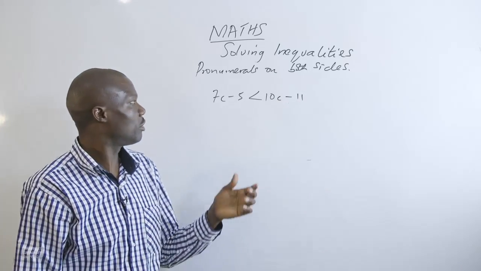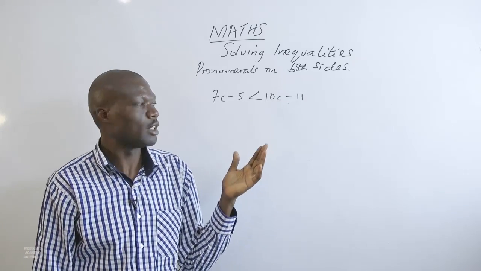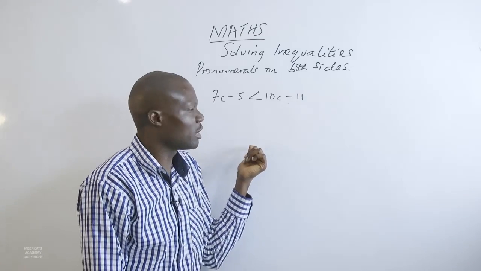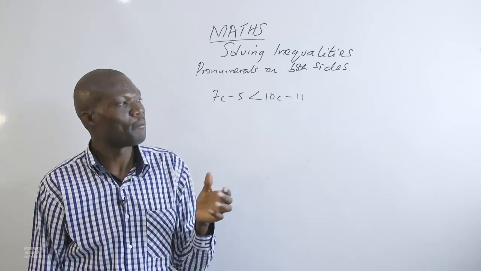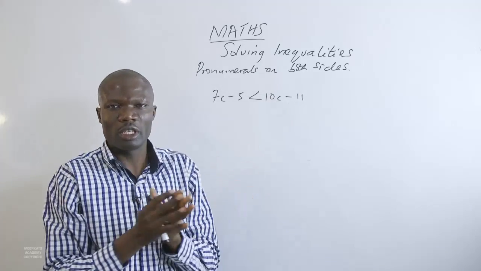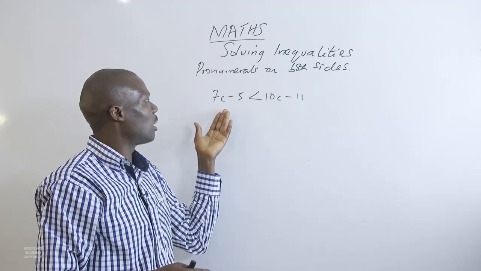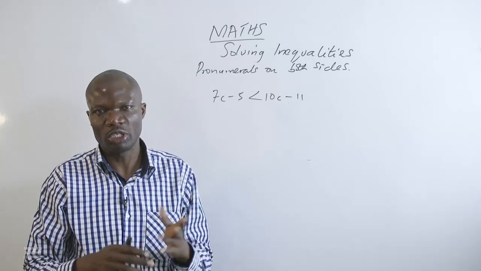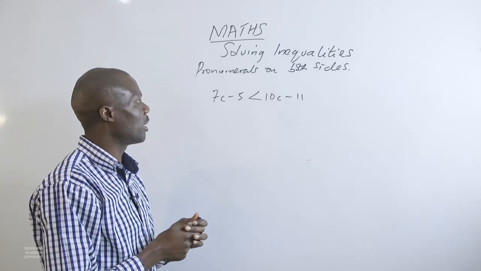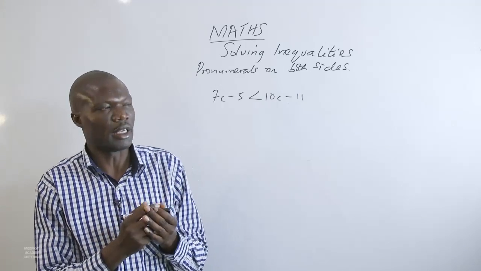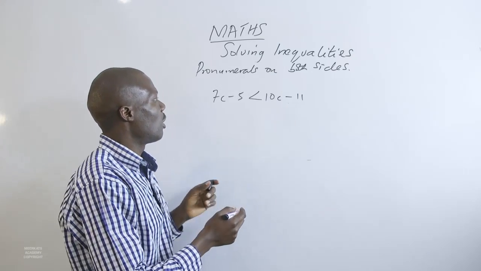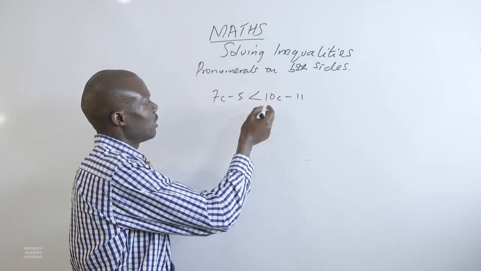Now we have 7c minus 5 is less than 10c minus 11. We have pronumeral c on both sides, so we need to collect like terms, bring them together, and then we see how to approach it. It can go either side. So I want to start by taking this.